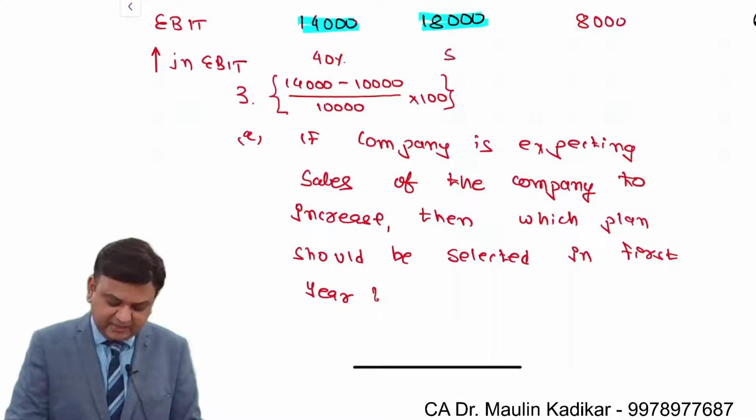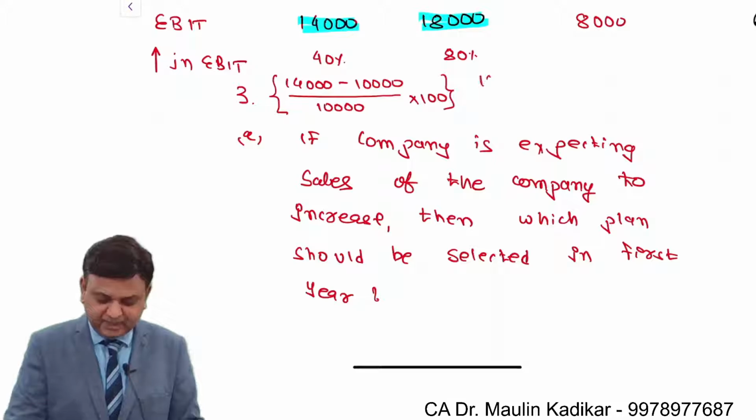Over here it will be 80%. That is 18,000 minus 10,000 divided by 10,000 into 100.